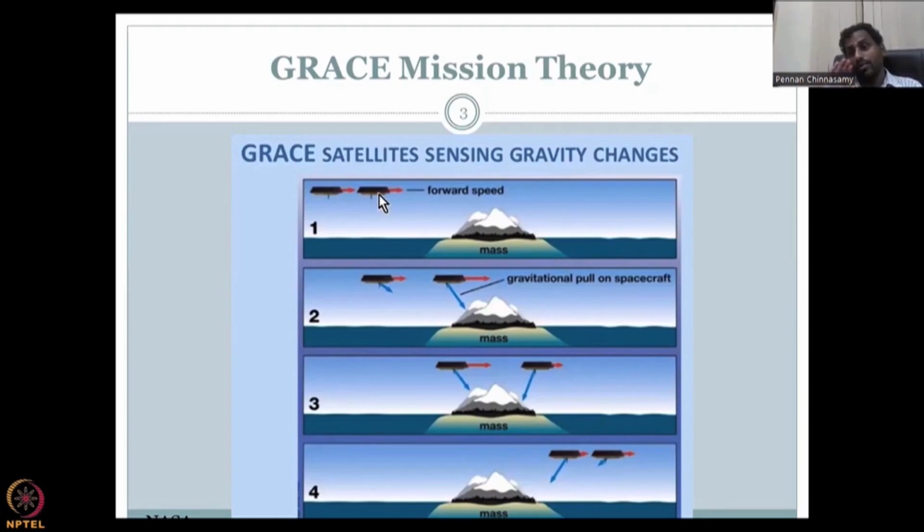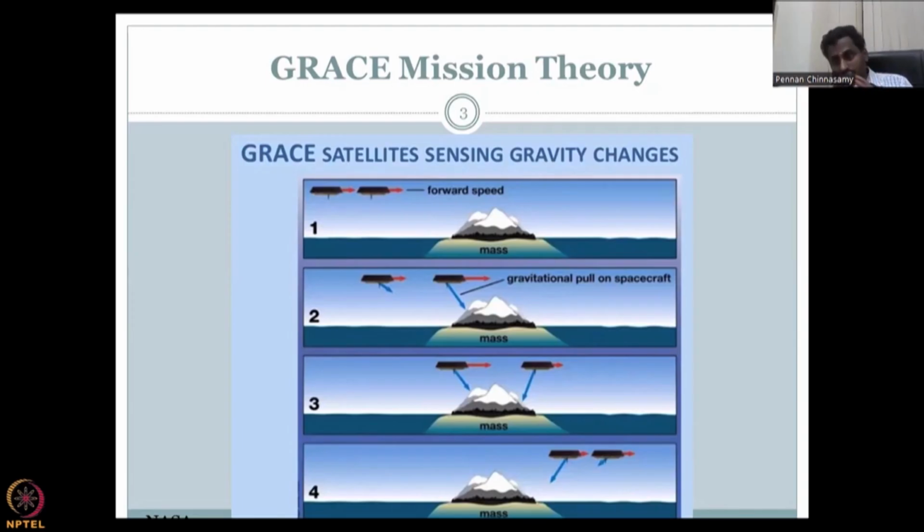When the satellite goes on top of the Earth, it gets pulled by the mass. So when the satellite sees a bigger mass, the satellite moves faster. This satellite is not recording anything. It is only moving around the planet, speeding up and slowing down depending on the mass. The next satellite, Tom, is catching up with Jerry.